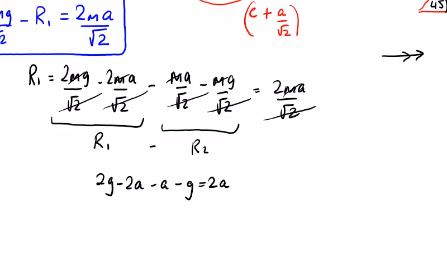Is that right? So we're going to bring in 3a to the right. We're going to get 2g minus g is equal to 2a plus 3a, 5a. A is equal to g over 5 meters per second squared.